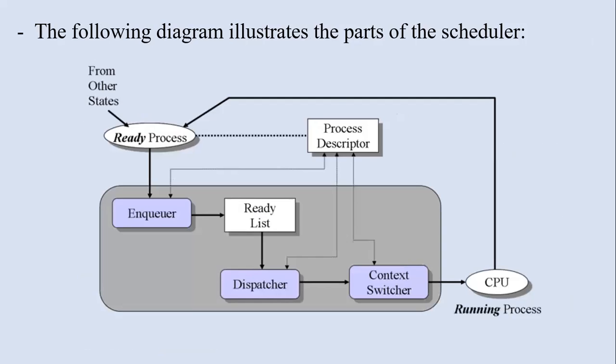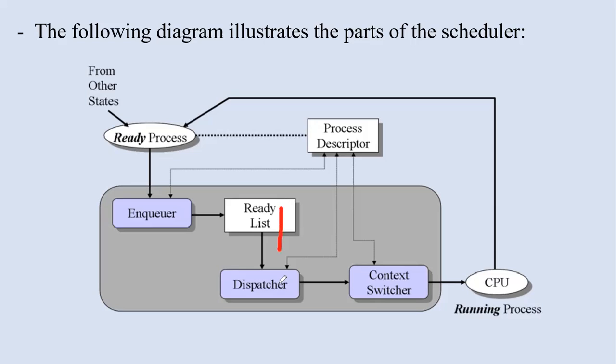The following diagram, therefore, illustrates the parts of a scheduler, and we have already discussed this in depth. As you can see, my dear students, a process can move from any other state, and then it becomes ready. So it joins the ready queue. This process is then enqueued. It joins the ready list.